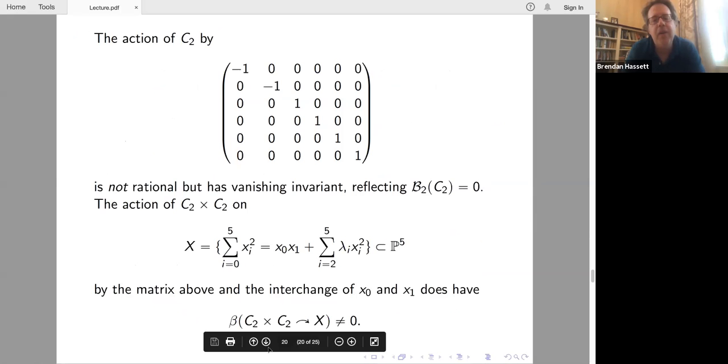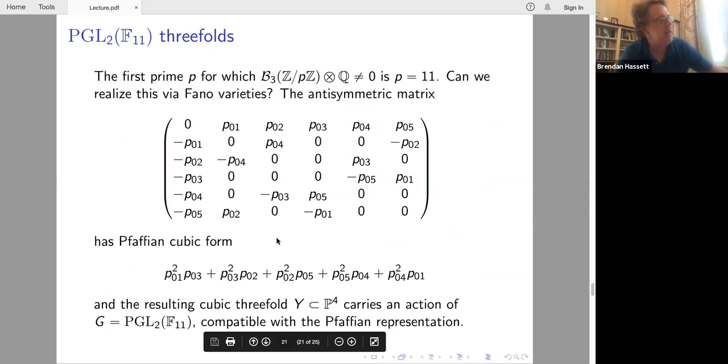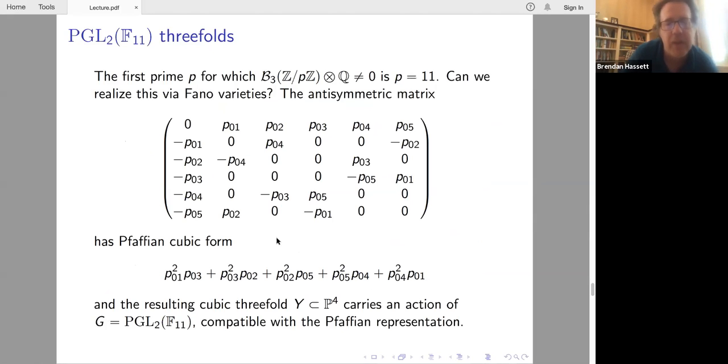And so my favorite group that has 11 in it is PGL2(F11). And this has a well-known beautiful action on a number of threefolds. None of these threefolds are rational over the ground field, so this is not really a Cremona group problem, but it's close enough. We are looking at actions on Fano varieties, and I think it's in the spirit of this.